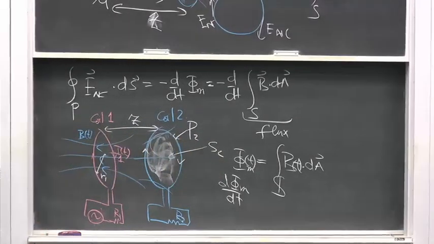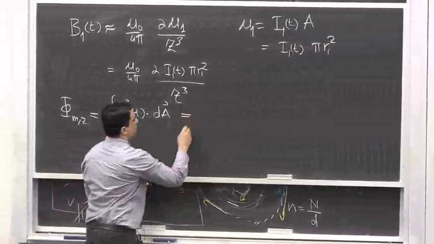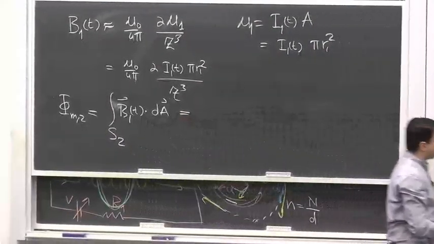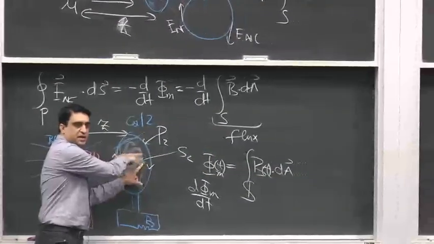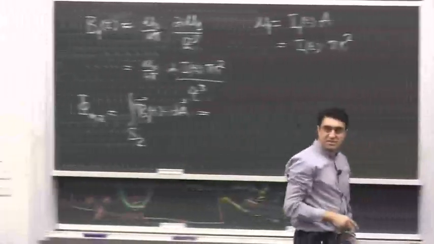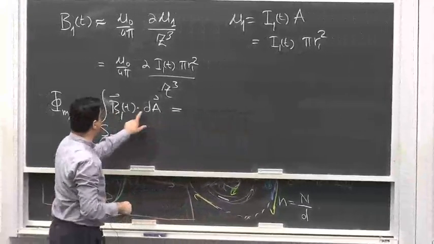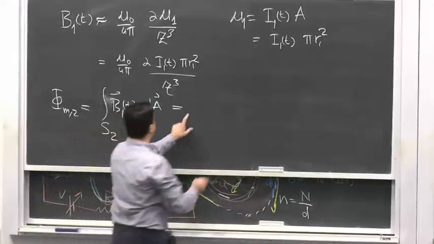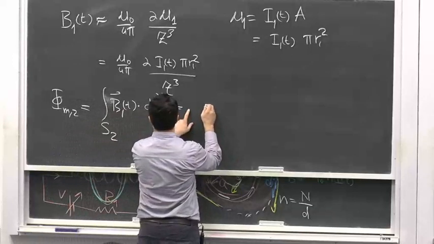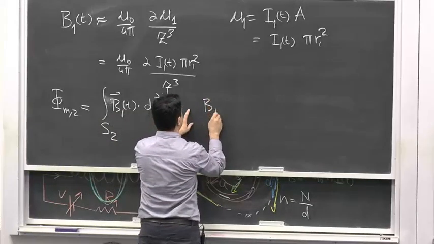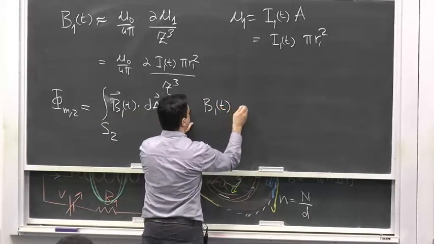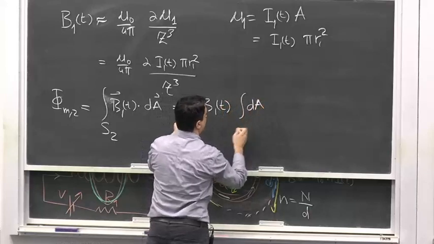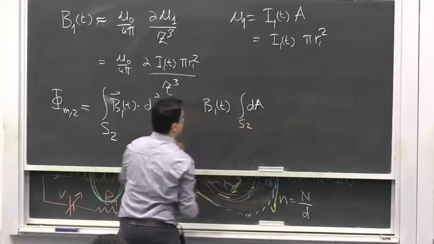That would be the magnetic flux through the second coil. For simplicity, I can assume that dA and B are in the same direction, so B dot dA would just give you B dA. That would be B1 as a function of time multiplied by the area of S2.